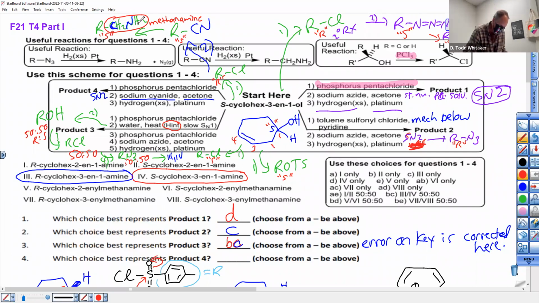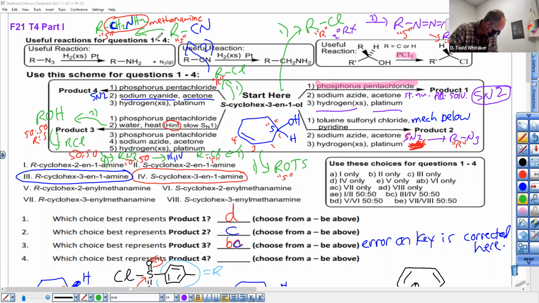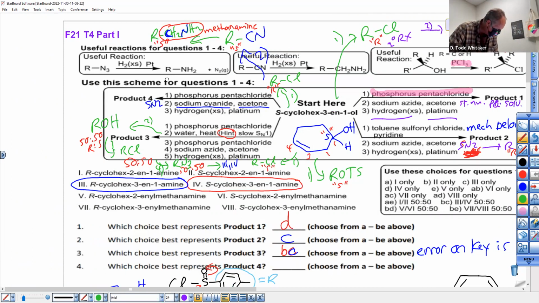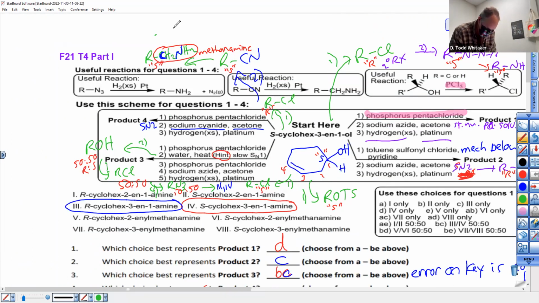And we just got to realize what this thing looks like. And I want to draw it. R didn't change the whole time. So moving over everything, I just want to draw RCH2. It's got the double bond down here, right? And it's R, so we can go CH2, NH2, and an H. And 1, 2, 3, 4.